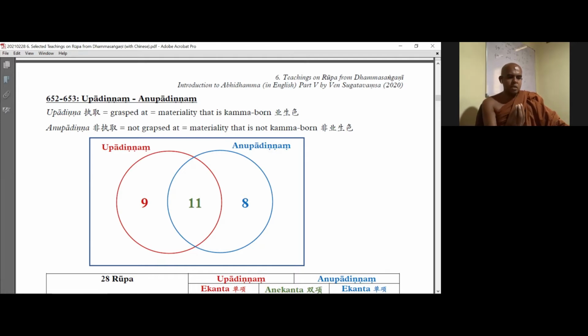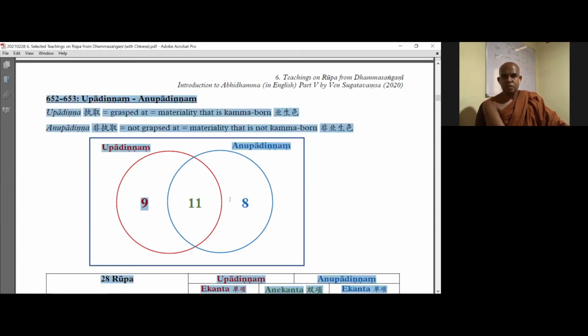They say Upadinna also we can make two groups according to the chart, the drawing. There is a circle, no? Red color circle we call the Upadinna group. The blue color circle is the Anupadinna group. Okay. Now definitely there are 9 rupa only Upadinna. The 9 rupa. Definitely there are 8 rupa Anupadinna. But there are 11 in the middle. The 11 means they are both, including the Upadinna and Anupadinna.